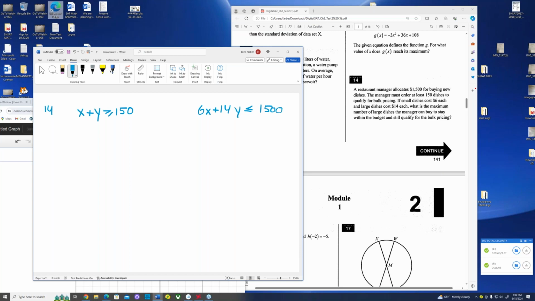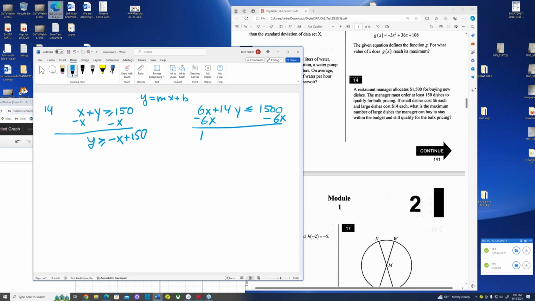Okay, so key thing for us, y equals mx plus b, which you studied in 7th grade. Normalize it, minus x and minus x. Cancel out, you have y greater or equal to negative x plus 150. Now normalize this one, minus 6x, regroup it.